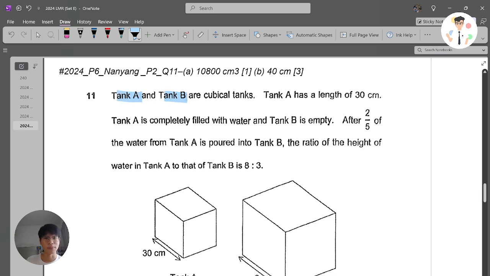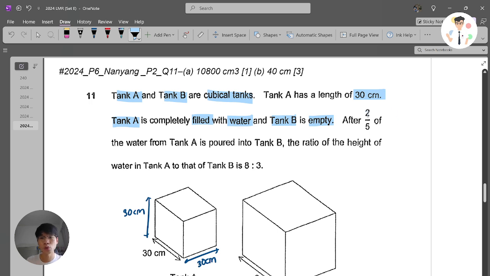Tank A and Tank B are cubical tanks. Cubical tanks means that their length, their breadth, and their height are all the same. And that makes it easier now, okay? Tank A has a length of 30 cm, which means that the breadth here is 30 cm, the height here is 30 cm. Now, tank A is completely filled with water and tank B is empty.